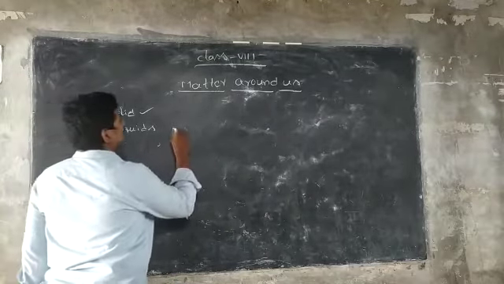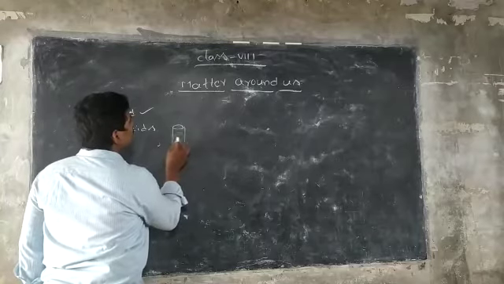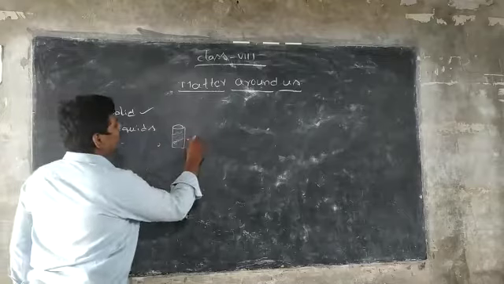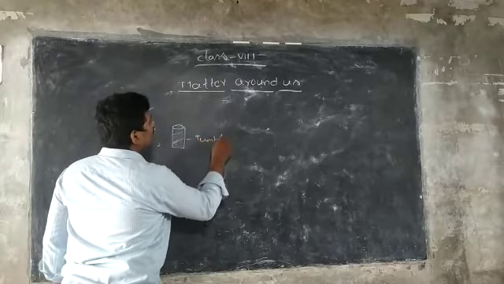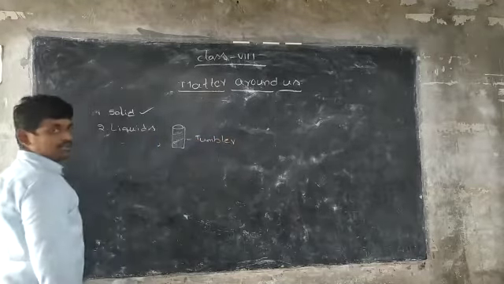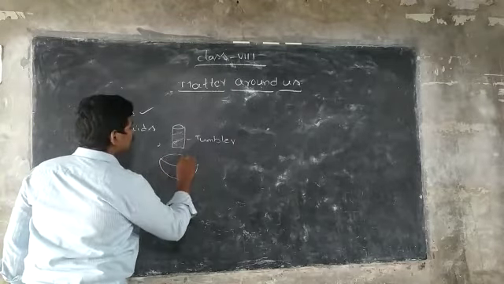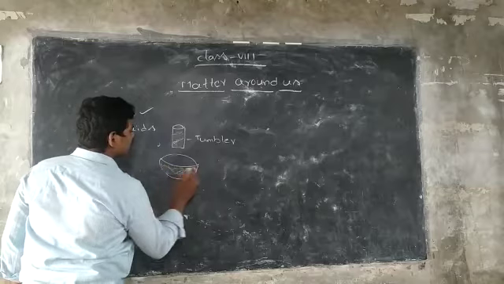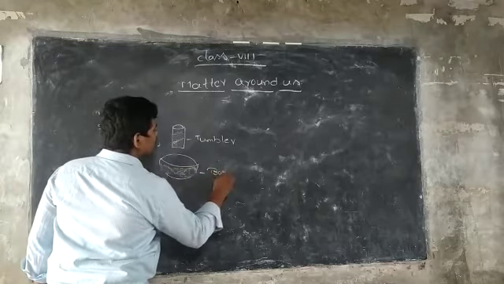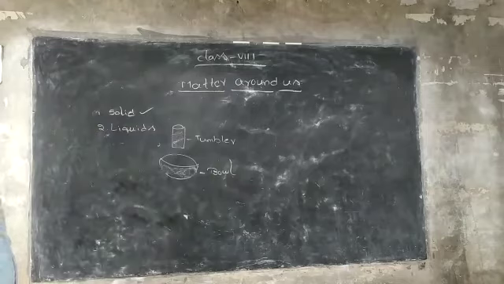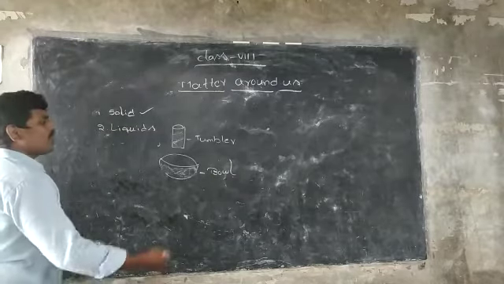In this case, what is the shape of this water? It is definitely in the shape of the tumbler. Take water into a bowl. In this case, what is the shape of the water? The shape of the water is that of the bowl.